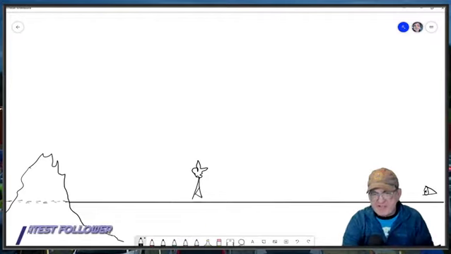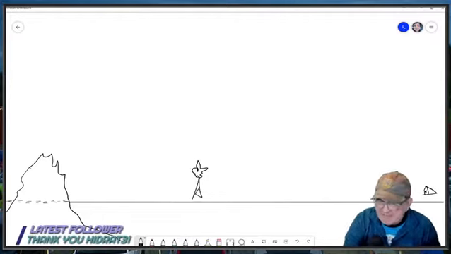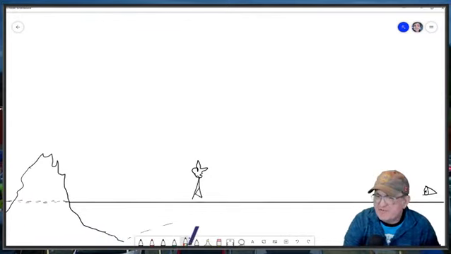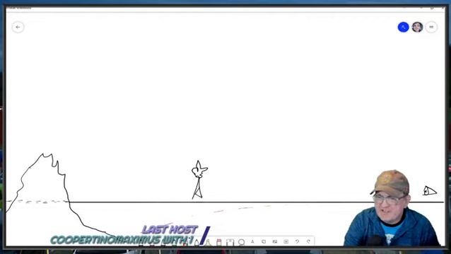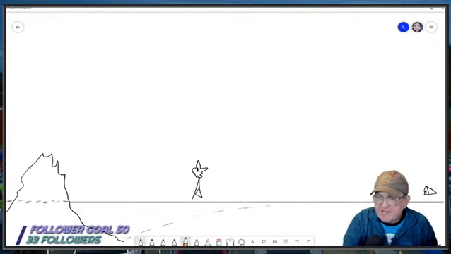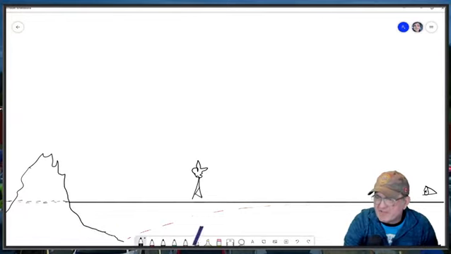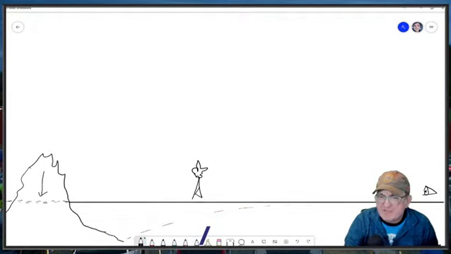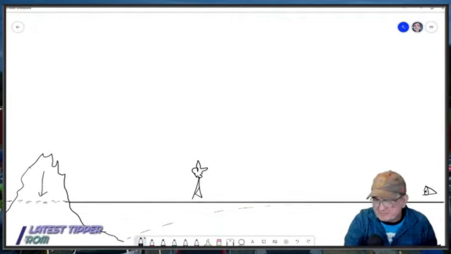So globe earthers are saying, I can't see this, so that means that the Earth is curved. Not to scale here at all. But the flat earthers are saying, no, it's not the curve of the Earth. It is optical drop. So as I look at the image, this mountain actually will drop because of optical drop.